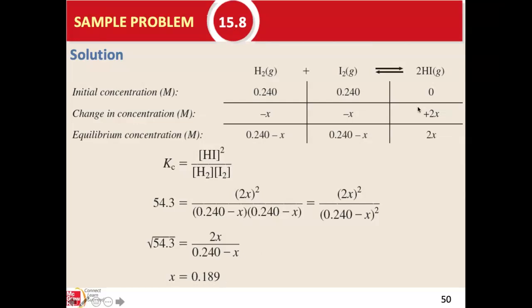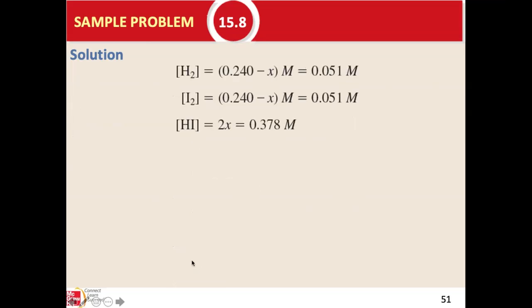But the equilibrium concentration of the product is 2x, so I have to take this value and multiply by 2, and I will find the equilibrium concentration of the product. The concentration of each reactant is 0.24 minus x. And that's what we are finding.